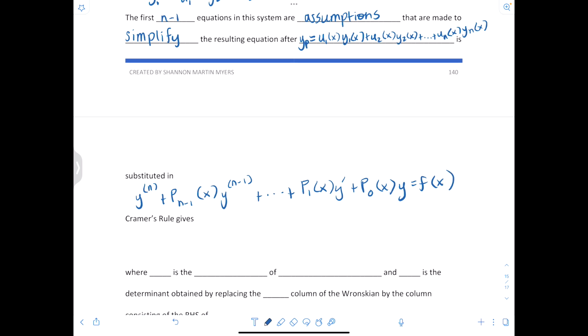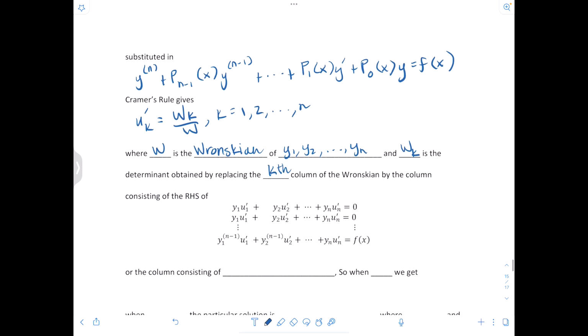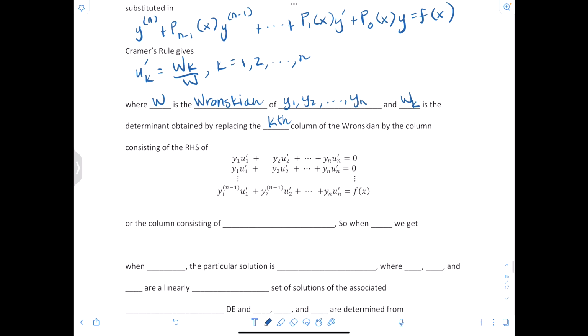Now, Cramer's rule gives that uk prime is going to be wk over w, where k goes from 1 down to n, and where w is the Wronskian of y1, y2, all the way down to yn, and wk is the determinant obtained by replacing the kth column of the Wronskian by the column consisting of the right-hand side.